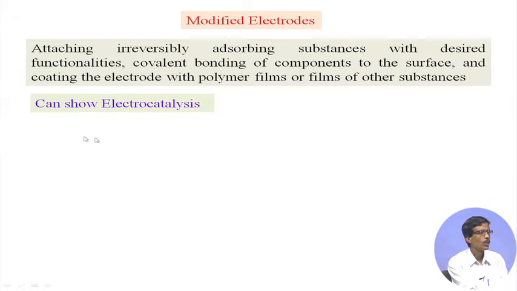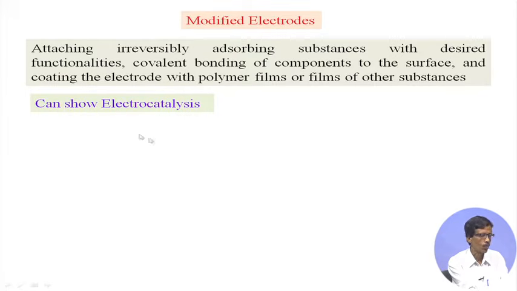Because what we require is that with this particular attachment, the molecule itself is not functioning as a catalyst, but it can show some electron transfer catalysis through a mediator-like behavior. That means through this attachment, if you put some potential to the electrode, the molecule attached to this electrode can show either oxidation or reduction.